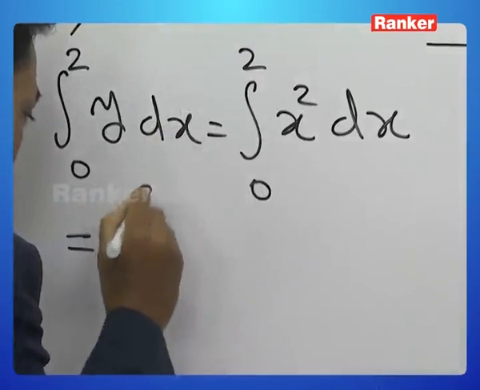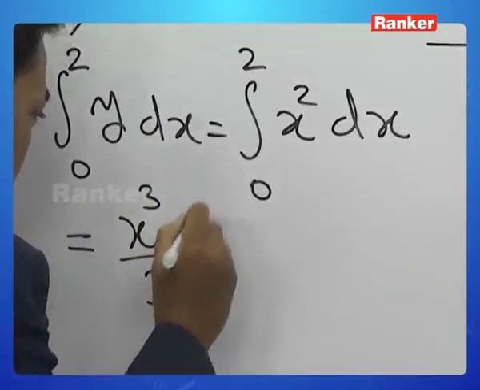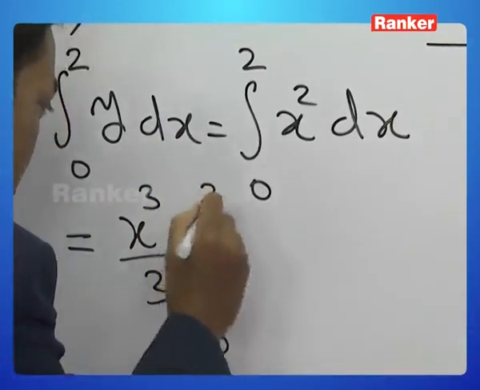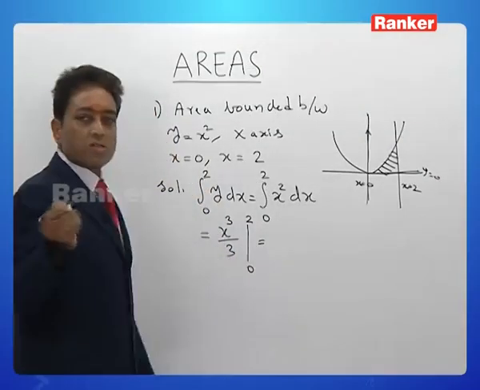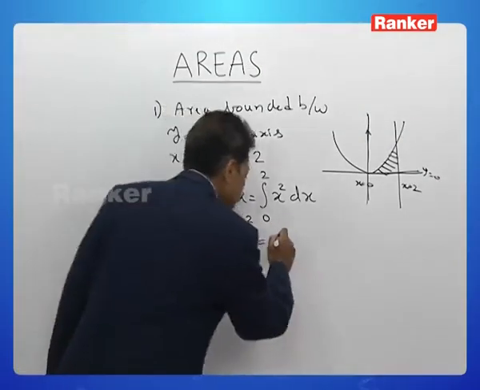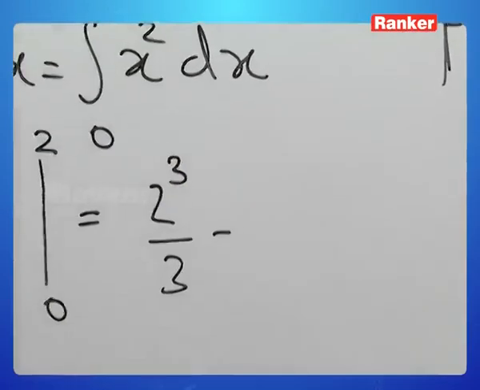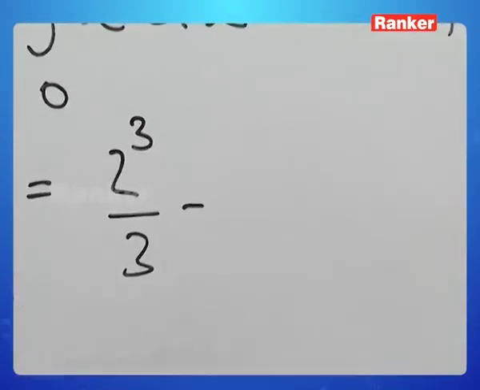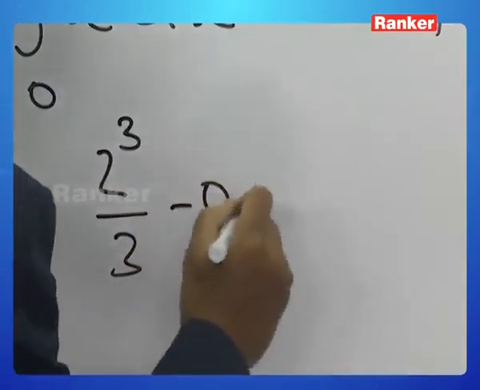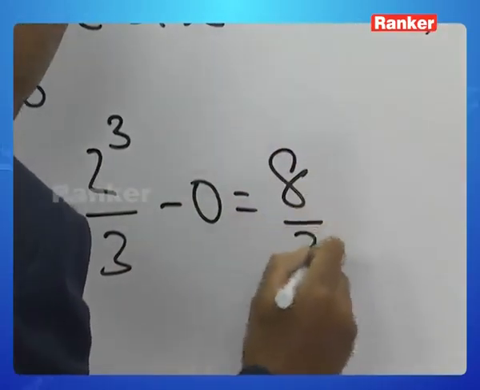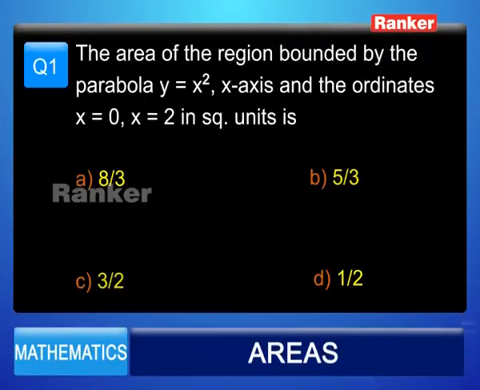That is x cube by 3 and the limits given 0 and 2. First you substitute upper limit 2 cube minus substitute 0, that is 0 cube, any 0 only. So what is your answer now? 8 by 3. So first option, that is answer A.